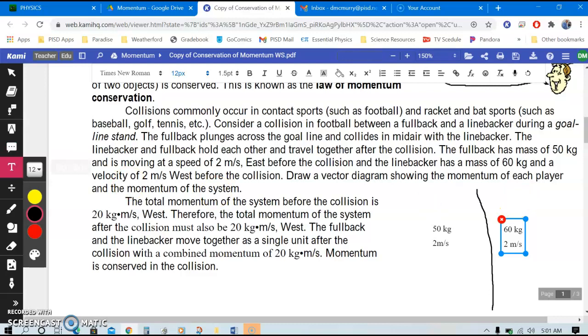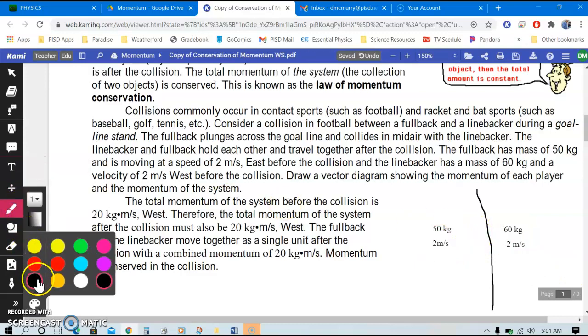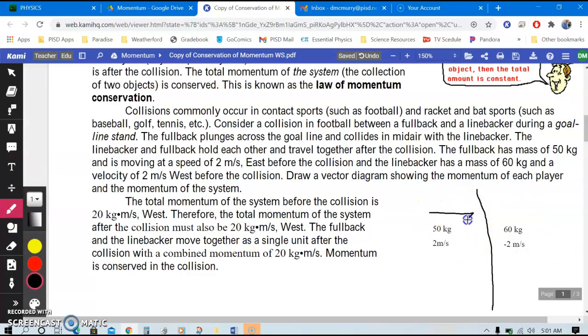However, he is going the opposite direction, so I'm going to put that down here. Since he's going the opposite direction, we say he's negative 2. This guy is moving this direction trying to get in the end zone, and the linebacker is going to meet him, trying to keep him out.